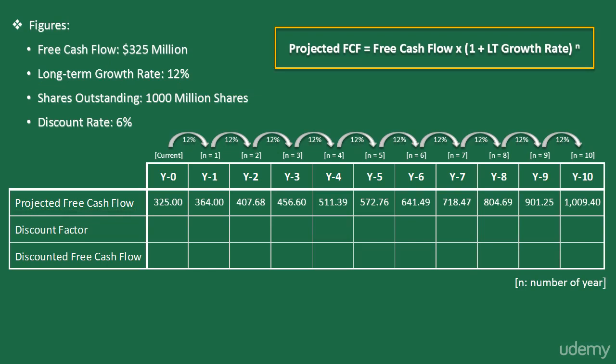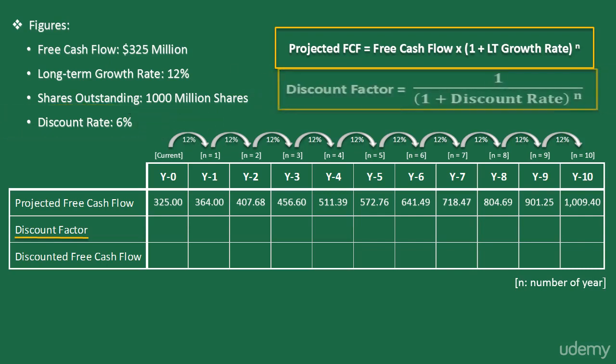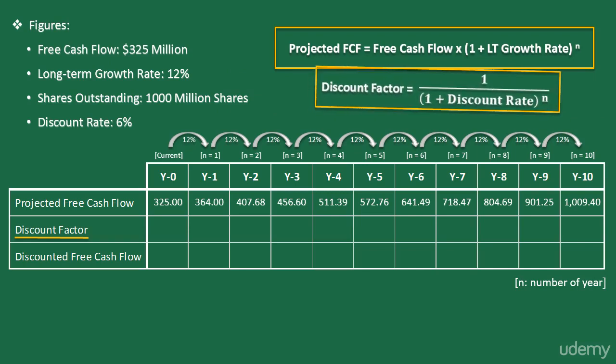The next thing that we'll need to calculate is the discount factor. We'll use the discount rate of 6% and use this formula to calculate the discount factor. Discount factor equals 1 over (1 plus discount rate) to the nth degree. N here is the number of years.